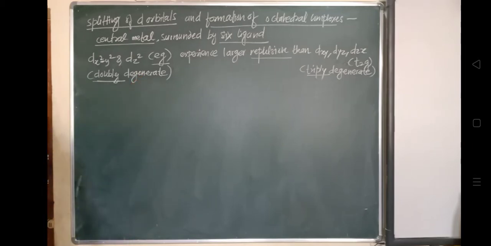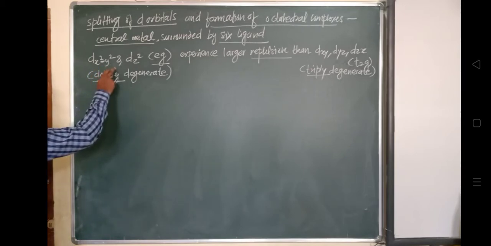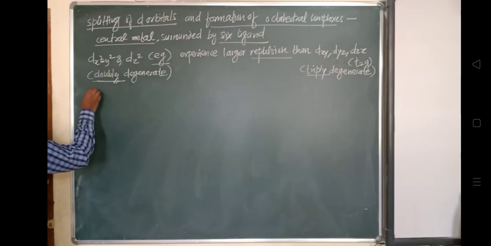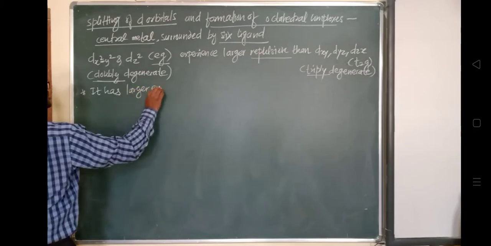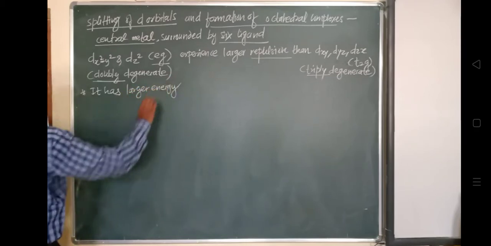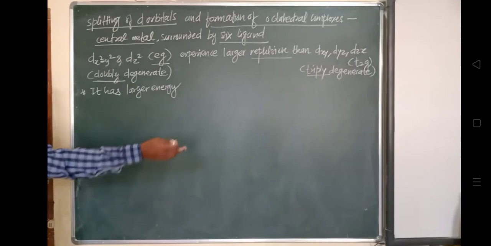The eg set has a higher energy, as it experiences a larger repulsion force. I will write here: it has larger energy as compared to the t2g set.